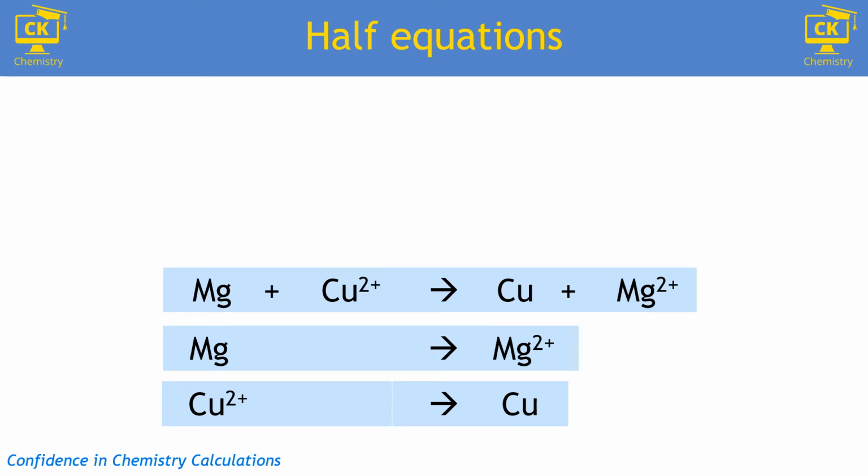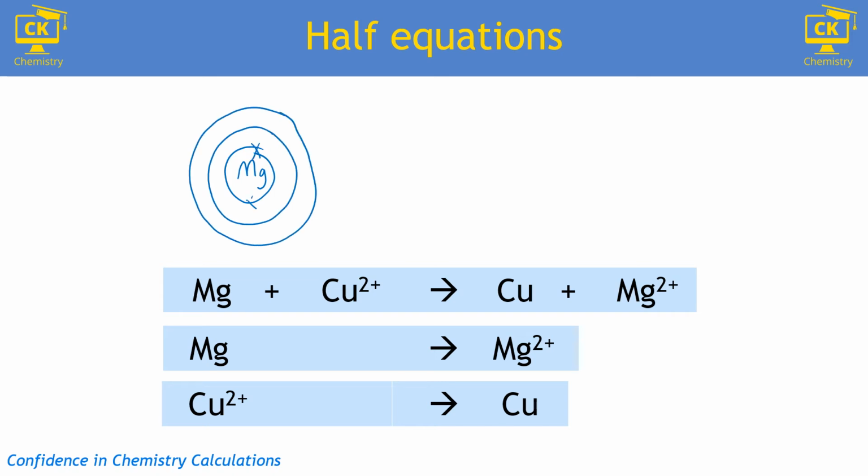Let's have a look at what magnesium is like at the start of the reaction and what it is at the end, because this way it is hopefully reasonably obvious where the electrons are going. Let's see why we put the electrons on the side that we do, just using dot and cross. So magnesium has the electron arrangement of 2, 8 and 2.